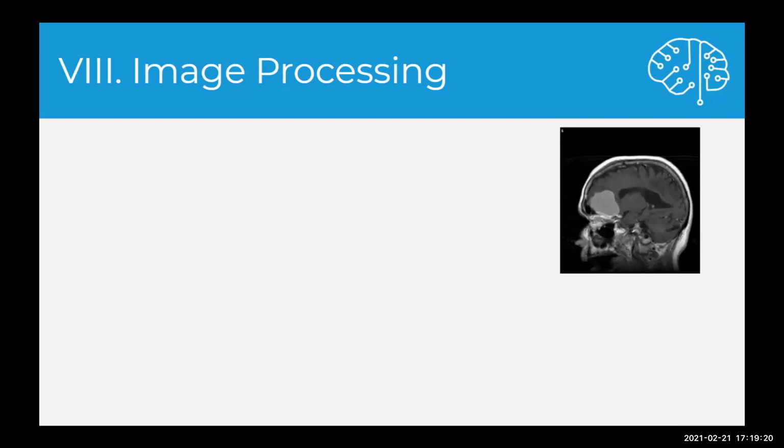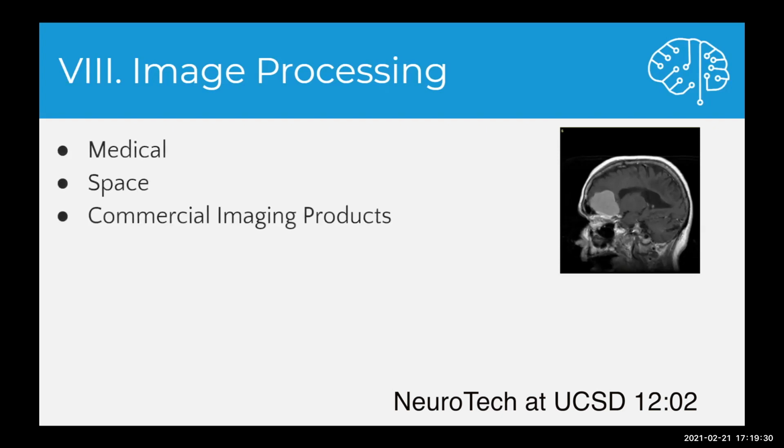Okay, and so on to the last topic of DSP that we will be talking about, and that is image processing. We see that DSP plays an important role in image processing in the fields of medical, space, and commercial image products. In the case of medicine, DSP has played a significant role in CAT scans and X-ray scans.